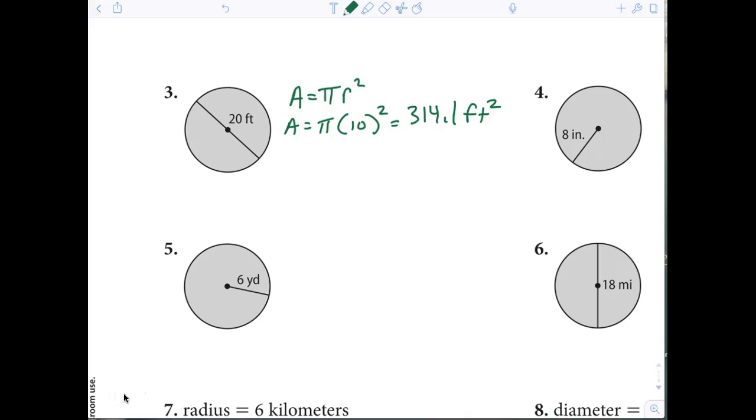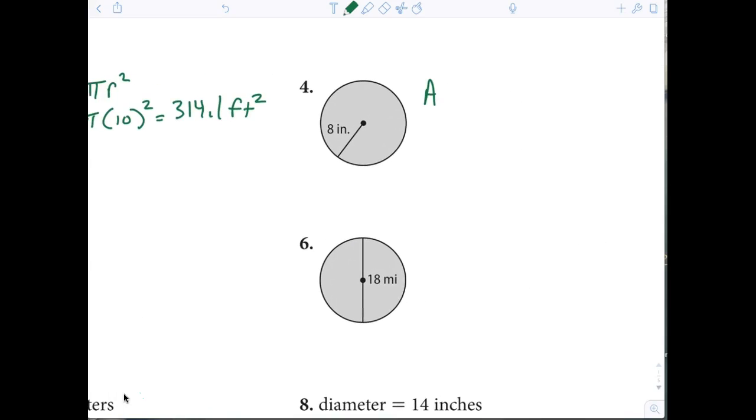There's a little x squared button on your calculator. No, x squared. Come here, let me show you. All right, you're up now for number 4.